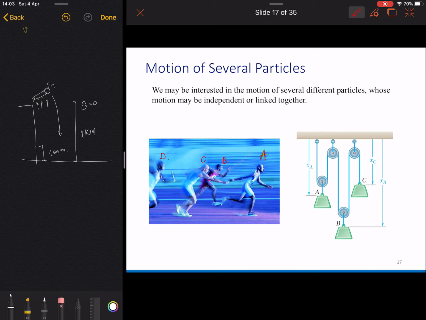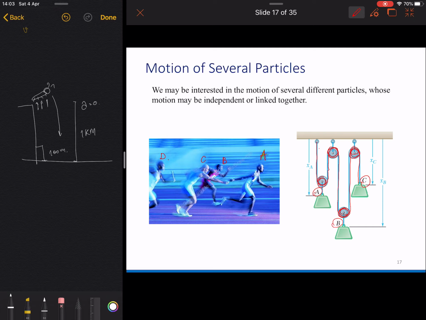But here, for A, B, C, this is already linked by this cable, by the pulley. This is the pulley, and the velocity of those 3 objects is linked together by these cables.